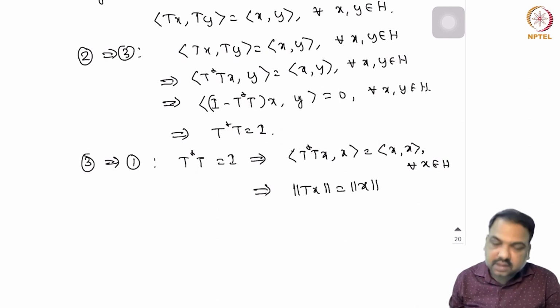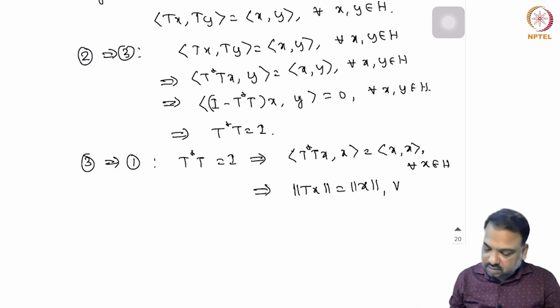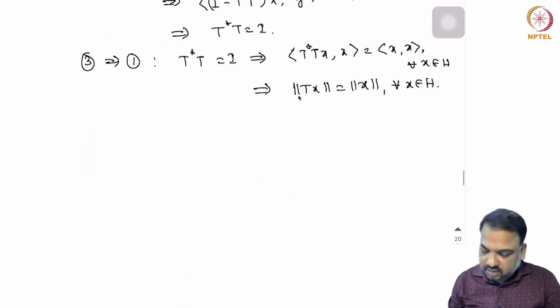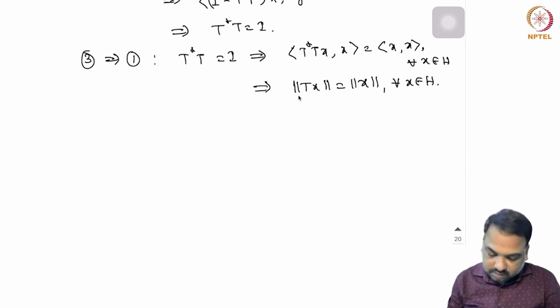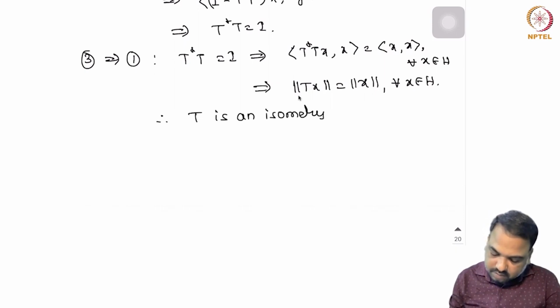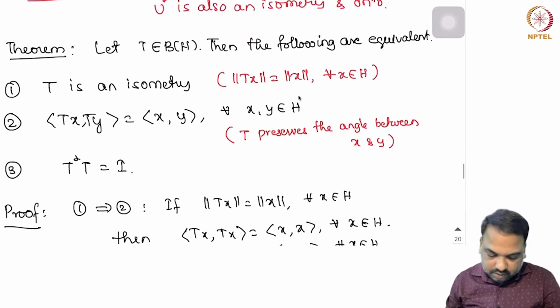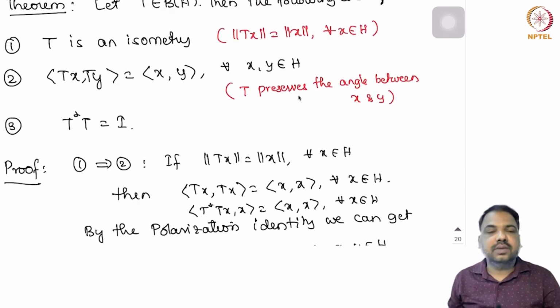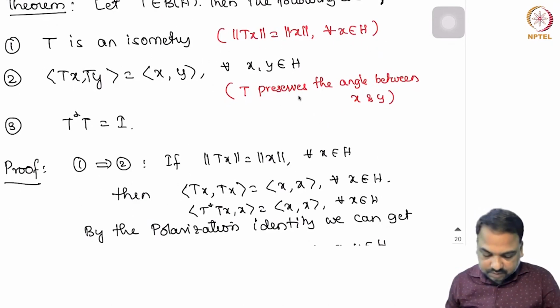So that again implies that norm Tx equals norm x for every x in H. So from this we can conclude that T is an isometry. Okay, so these are equivalent conditions for a bounded linear operator to be an isometry.